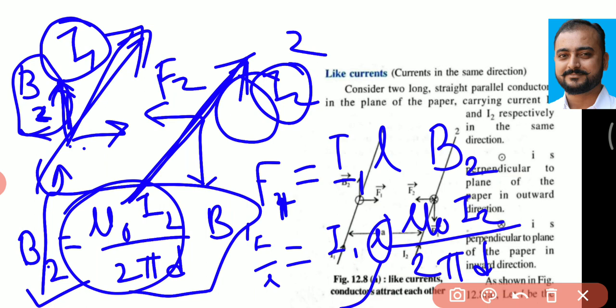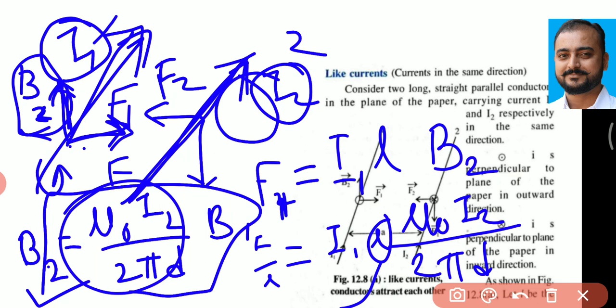This is for conductor 1, and the direction is again given by Fleming's left hand rule. Applying Fleming's left hand rule, the forefinger shows the direction of the magnetic field, the middle finger shows the direction of current, and the force is directed towards conductor 2. So both forces, F1 and F2, are directed towards each other.